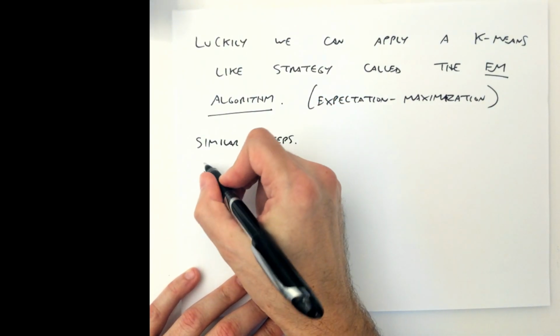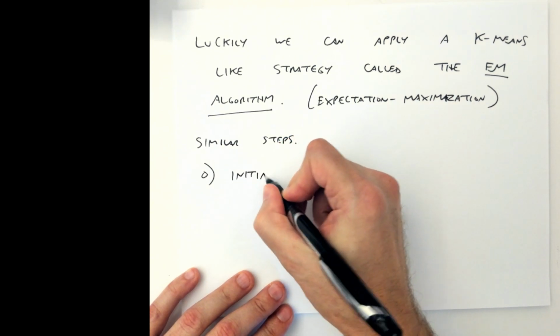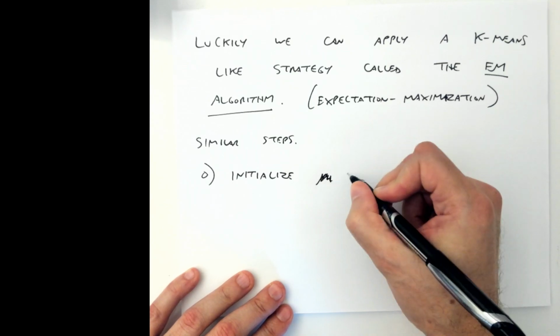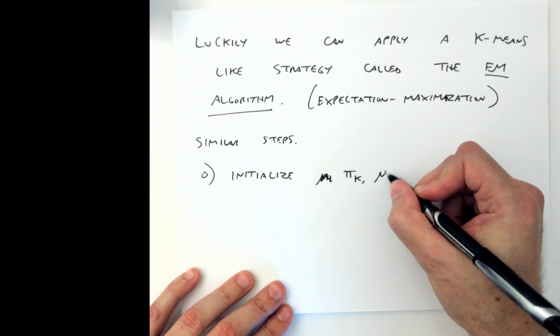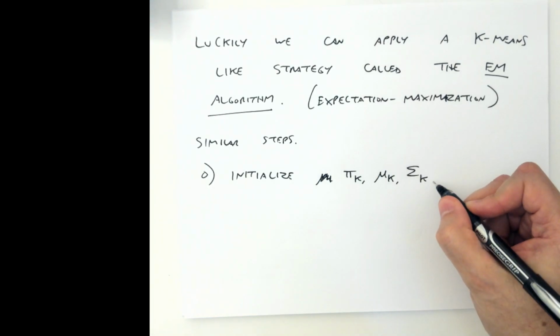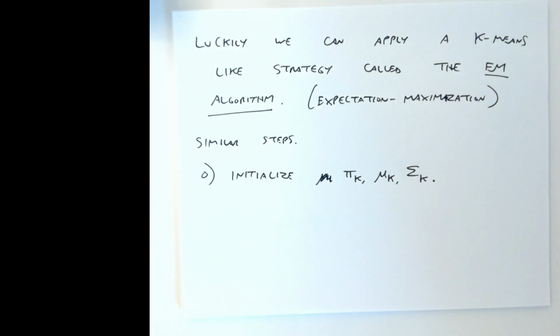So the first thing to do is initialize these parameters. I've got the mixing parameters, the mu's, and the sigmas. An easy way to initialize is to do k-means on the data to give me a set of cluster centers and memberships.